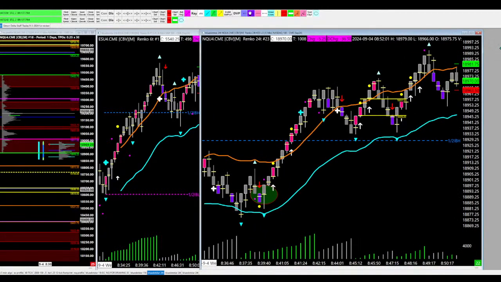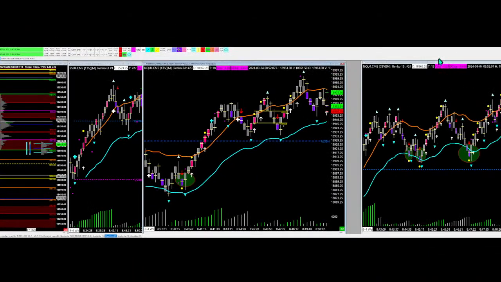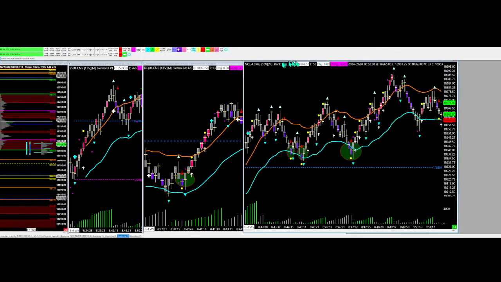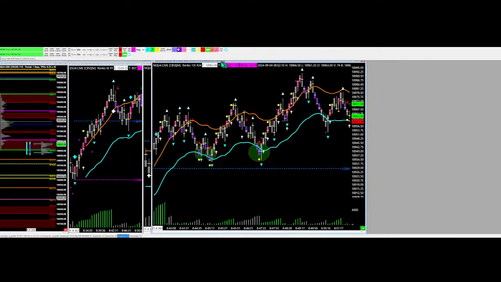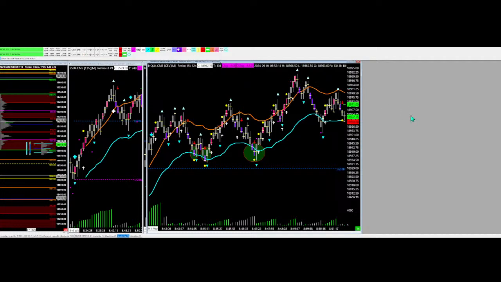Well, now I lost my 15 tick in its entirety. Okay, so what I'll do is I'll keep the 15 ticks small here.